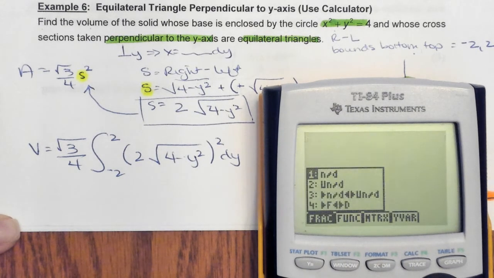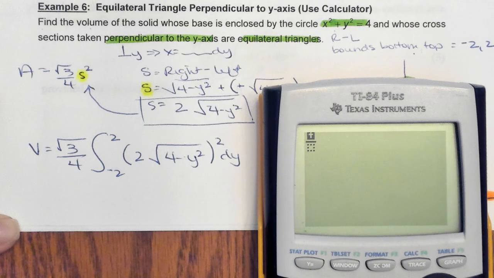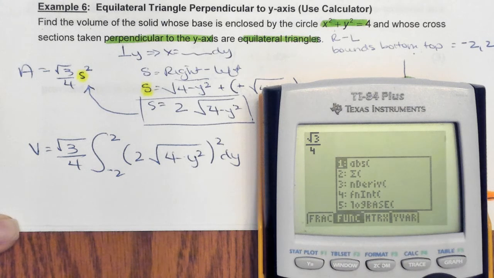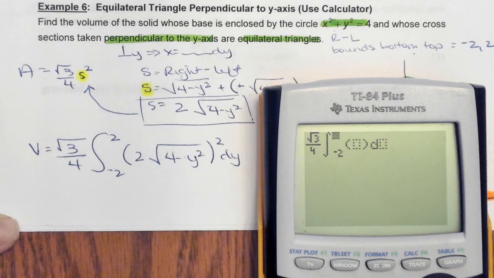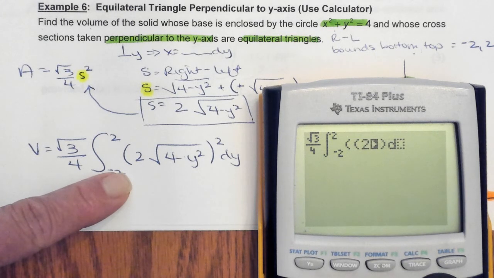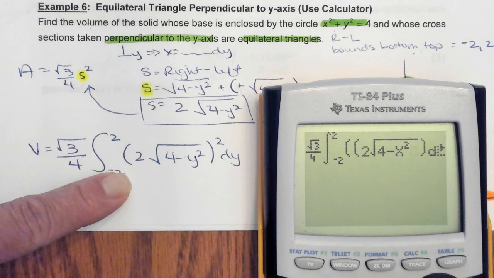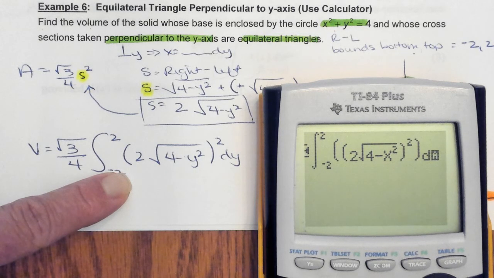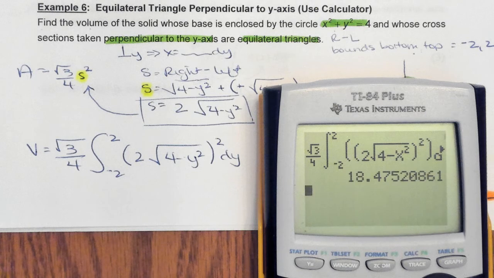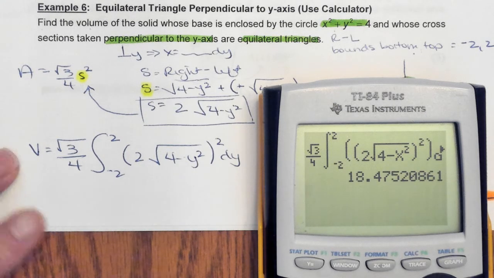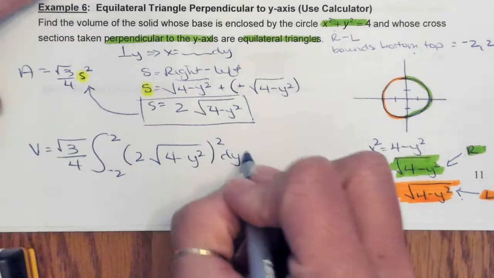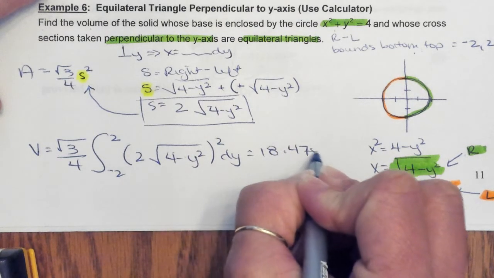So we've got the square root of 3 over 4 times the integral from -2 to 2 of the quantity of 2 times the square root of 4 minus x squared dx. There we go. So my volume is 18.4752.